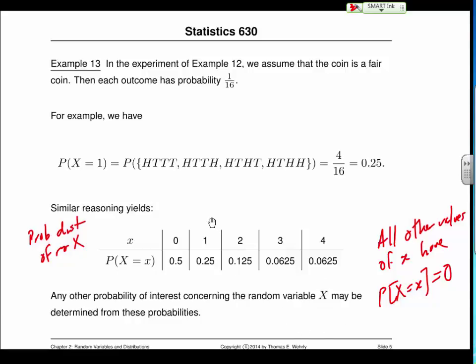Once we've found this function, we don't have to go back to the original sample space. If I want to find the probability x is 2 or more, I just look at the probability of 2 plus the probability of 3 plus the probability of 4.